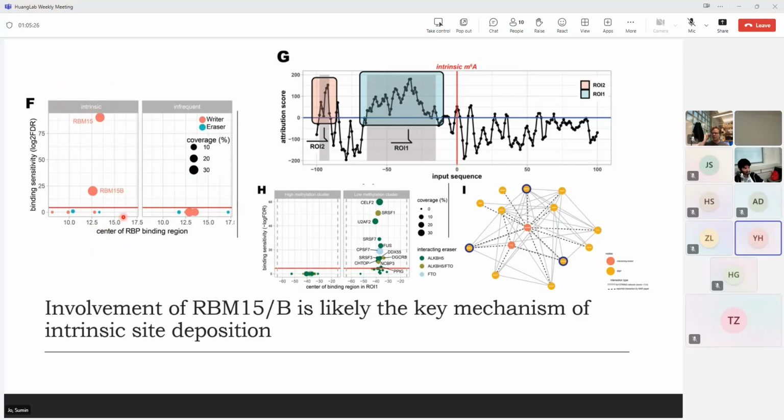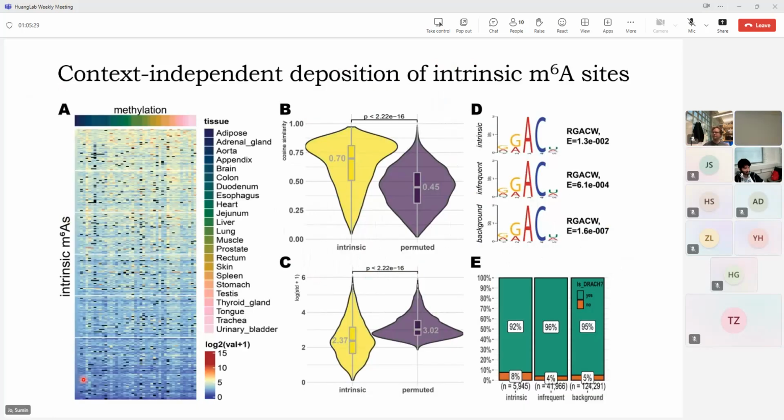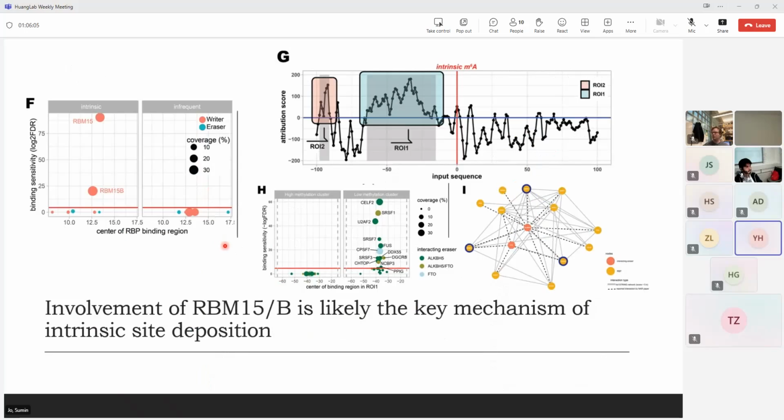If all intrinsic sites share the same writer proteins, this cannot explain why the methylation levels differ. The fact that the levels differ further suggests there are additional RNA binding proteins, probably working together with RBM15 and 15B to regulate the methylation levels. Yes, so the hypothesis here is that there are additional RNA binding proteins.